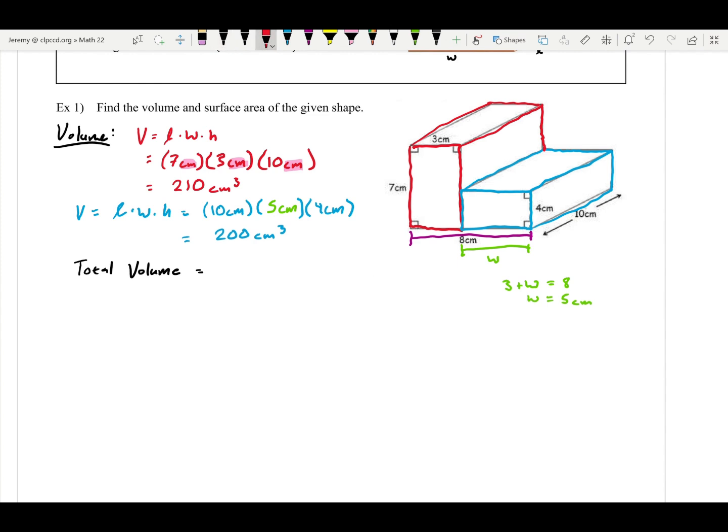So it'll be 210 centimeters cubed plus 200 centimeters cubed. And from that, I'm getting 410 centimeters cubed. I'll box that up. That's our volume.